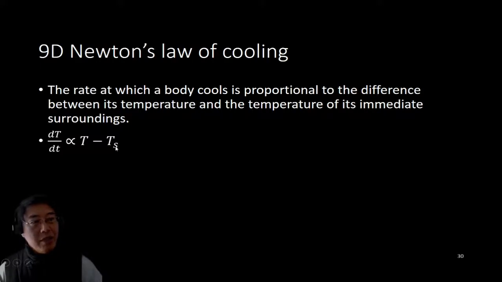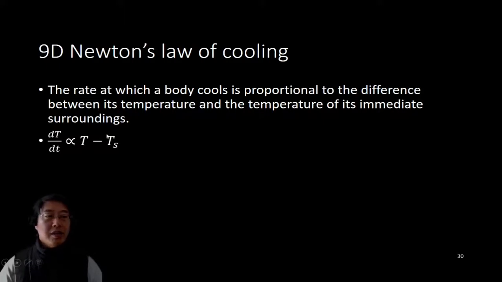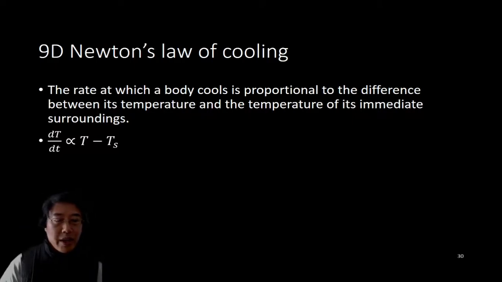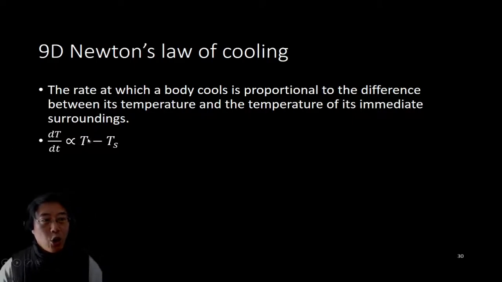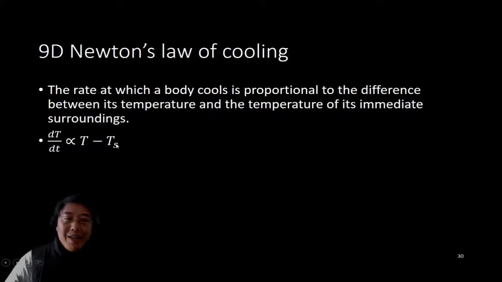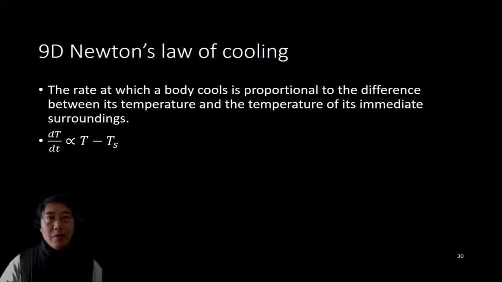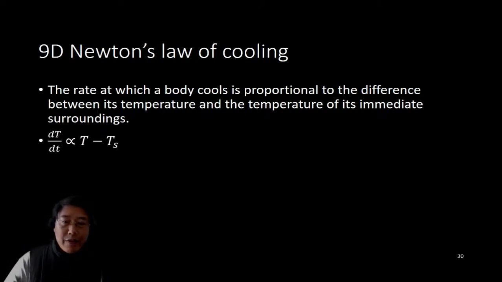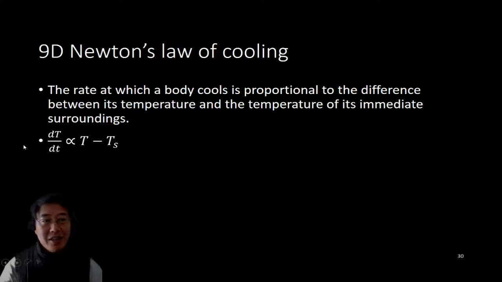So the surrounding temperature is Ts. dT over dt is the rate of temperature change over time, and T minus Ts is the current temperature of the object compared to the surrounding temperature. Okay, so as the temperature gets closer to the surrounding temperature, the rate is slowing down. So the more difference, the faster it cools down. As it gets closer to the surrounding temperature, it slows down. That's the idea with that rate of change.